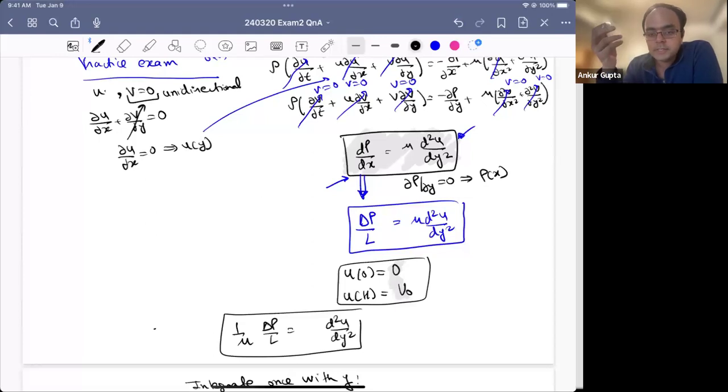So the coordinate system changes. So essentially, this boundary condition might be u of minus h is equal to 0 and u of plus h is equal to u naught. That's a choice that we make depending on the system. So the problems will see variation in that, but the methodology is pretty general and will work for any pressure driven flow, a shear driven flow, or a pressure plus shear driven flow.